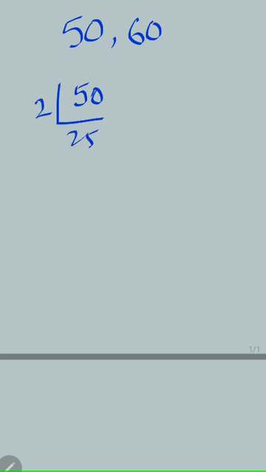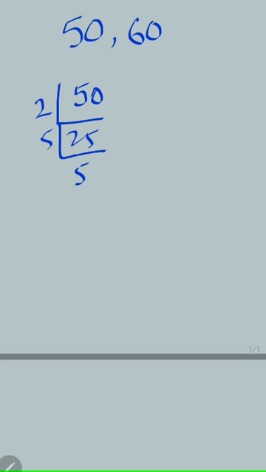Here, 2 is not possible because 25 is not divisible by 2. So I have to take another prime number, that is 5. 5 into 25 is 5 into 5. So for 50, 2, 5, 5 are the prime factors.